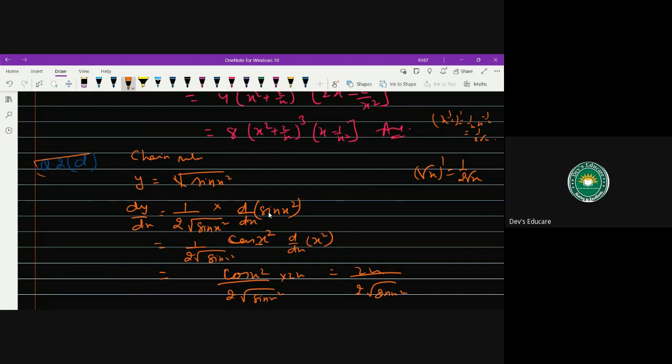Again we have one more function, sine x square, so we will find the derivative of sine x square. And within the sine function, we have another function, x square. See, you have to practice more on the topic, then you will understand gradually. Okay?